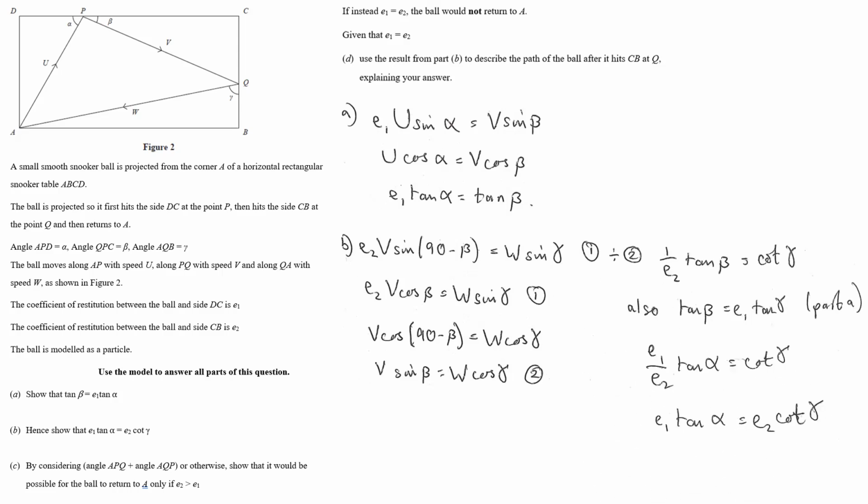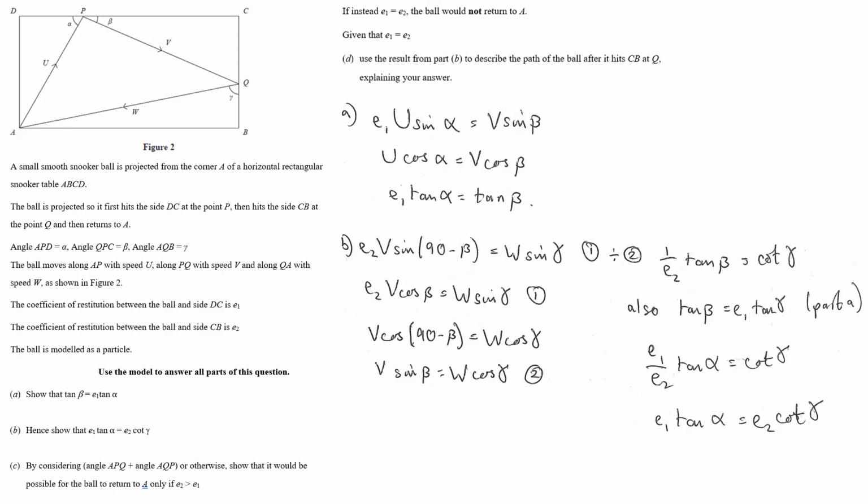So I did equation 1 divided by equation 2. The V's and the W's cancelled. Right, I think that should say equation 2 divided by equation 1. Okay, so the actual working out again is right, but where it says 1 divided by 2, it should say 2 divided by 1. That's how you get that.